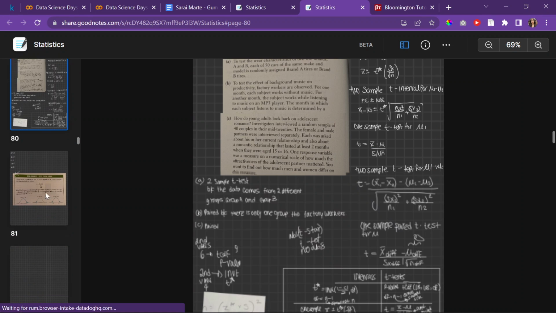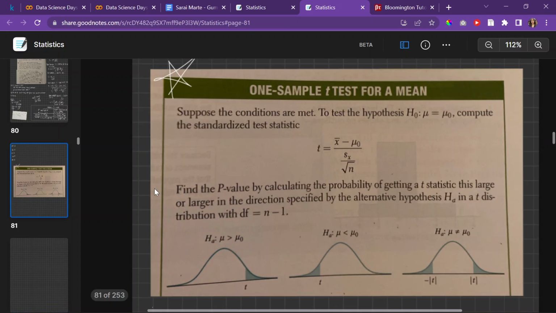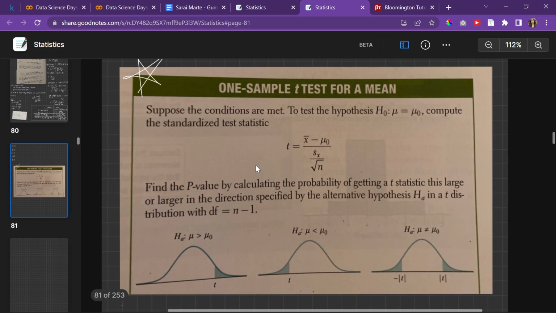Okay, so suppose the conditions are met to test the hypotheses, compute the standardized test statistic, find the p-value by calculating the probability of getting a t-statistic this large or larger in the direction specified by the alternative hypotheses in a t-distribution with degrees of freedom equal to n minus 1. That makes sense.